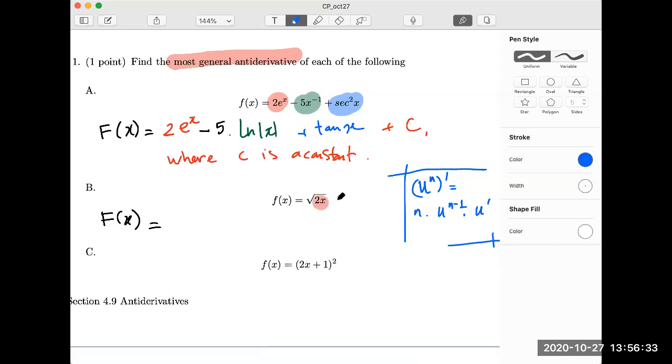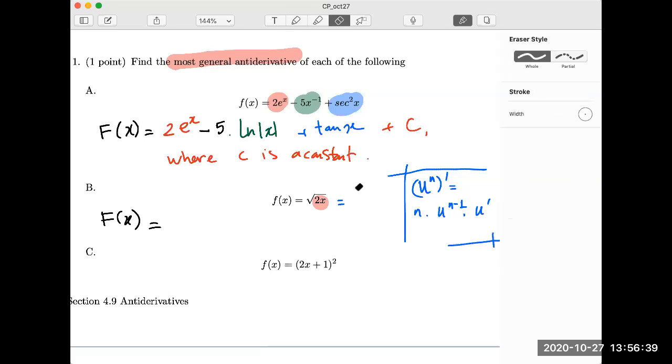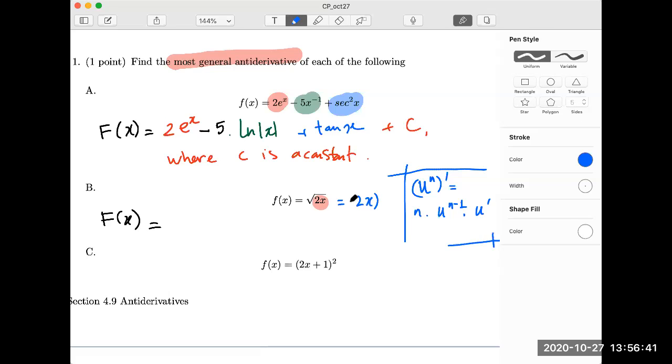This, we can write as 2x to the 1/2, right? So imagine if this is u, then the same story is similar to x.